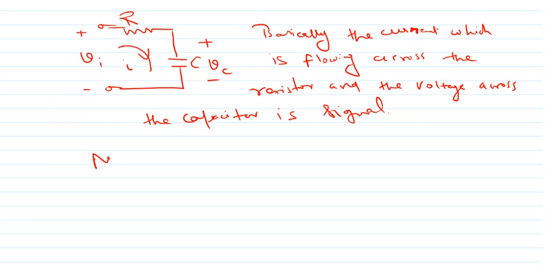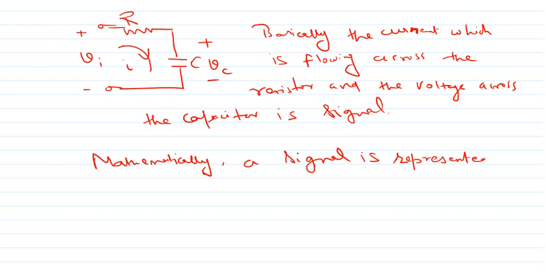So mathematically, a signal is represented as a function of an independent variable t.